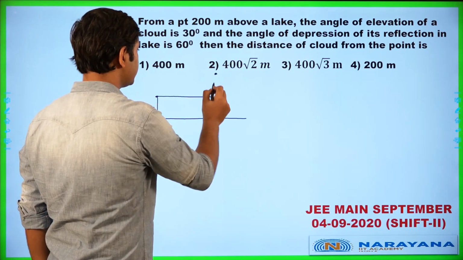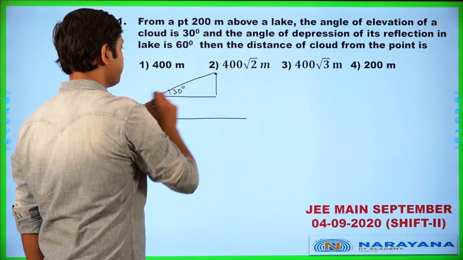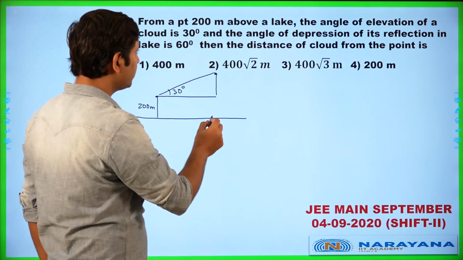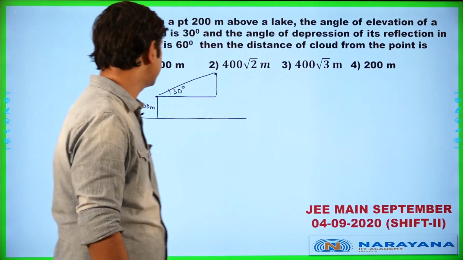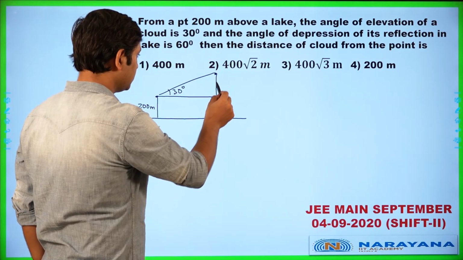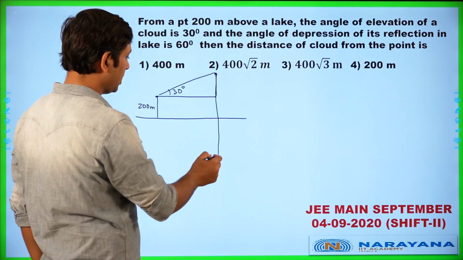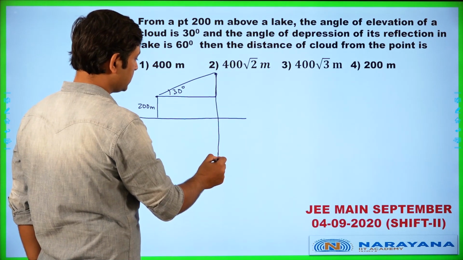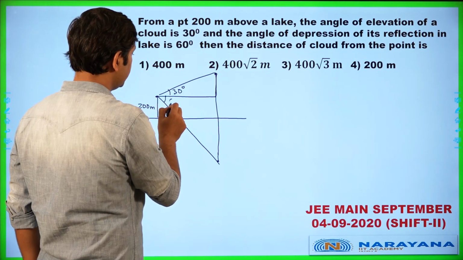The angle of elevation is 30 degree and the angle of depression of the reflection of this cloud is 60 degree. So, the reflection of the cloud will be the same distance downwards. Let us say this is the reflection. This angle is given to be 60 degree.